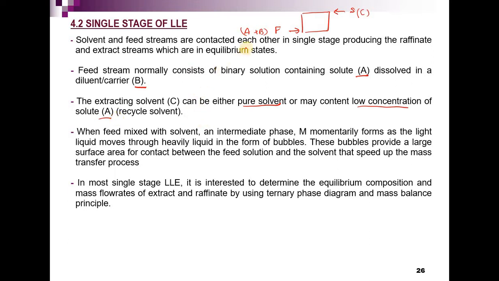When the feed and the solvent mix, they form an intermediate phase, which as I mentioned in the previous video we call M. What happens during this phase is that the light liquid moves through the heavy liquid in the form of bubbles. The bubbles provide a large surface area for contact between the feed and the solvent, which speeds up the mass transfer process.